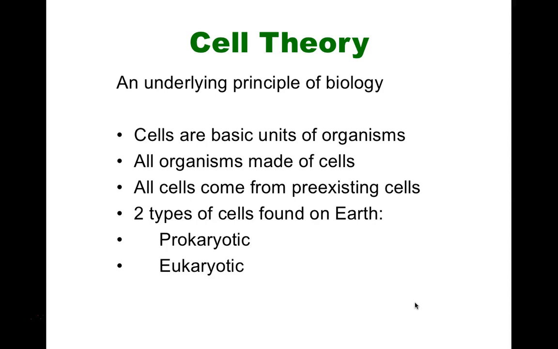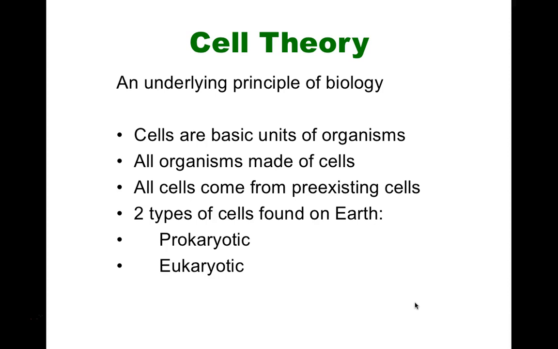Now, there are two types of cells found on Earth. We call them prokaryotic and eukaryotic cells. The one fundamental difference between prokaryotic and eukaryotic cells is the presence or absence of a nucleus, a well-defined structure. Prokaryotic cells do not have a nucleus. Pro means before.